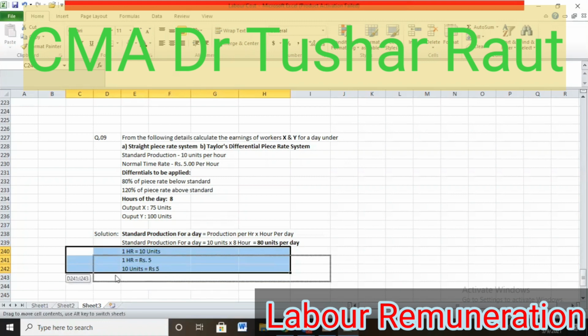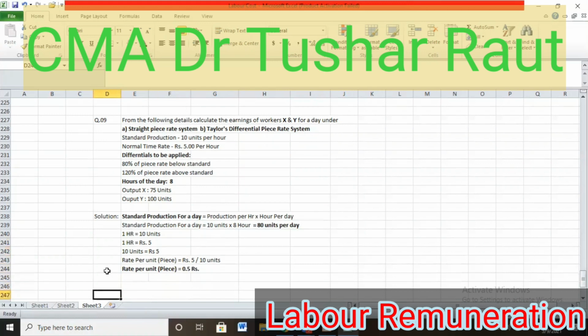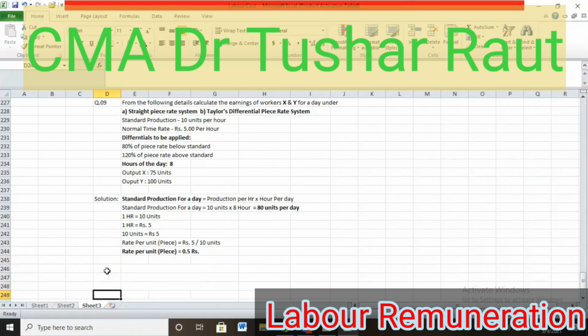Hence, for 1 unit, the rate will be 0.50 paisa. We need to understand this concept of piece rate. So standard production for a day should be 80 units, and the rate per unit, the piece rate, is ₹0.5, so 50 paisa in rupees.